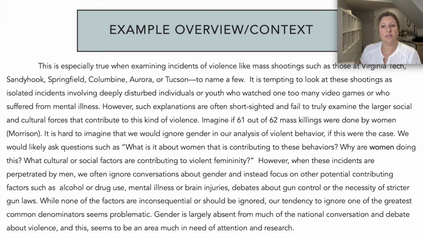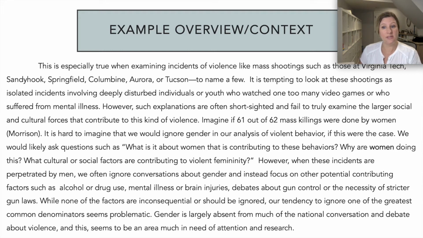So this has really done an excellent job of providing the context for the argument or the project that's going to take place. When I'm done reading this as a reader, I now understand why this issue is important. They've established the exigency. They've given me some current events and current examples by listing some of the mass shootings that have occurred.